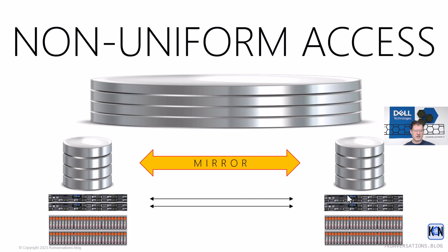This is what we call the non-uniform access method, and it's a bit more enterprise ready, I would say. I have full-blown storage arrays, so I can lose a controller without any impact. The WAN setup is also way less complex, because all I need to do is mirror the writes across. There's no stretching of controllers, and not even any Fibre Channel zoning that needs to occur through the WAN. Most of the stuff is kept local, all but the mirroring.